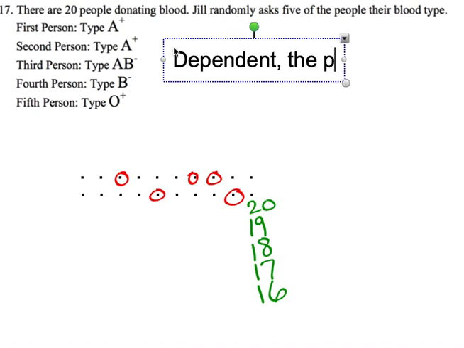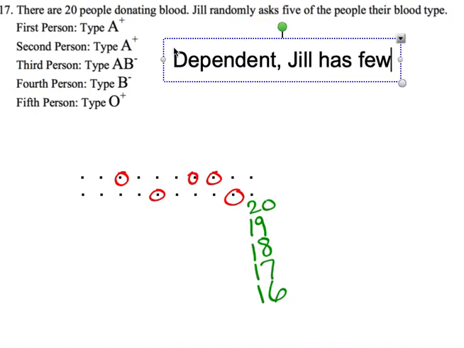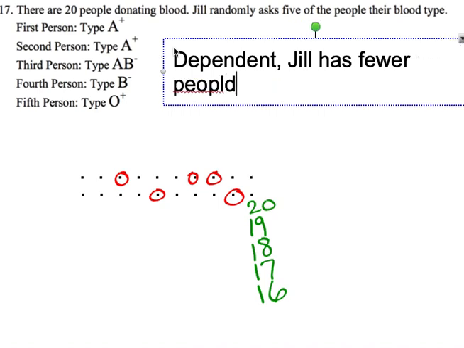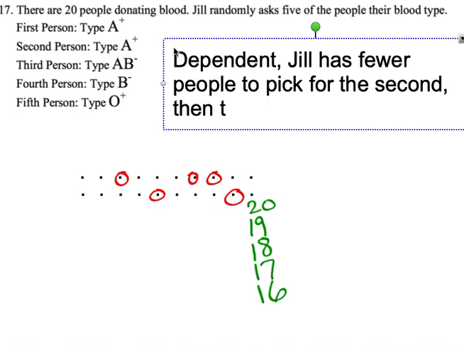Jill has fewer people to pick from for the second, then third, etc. pick.